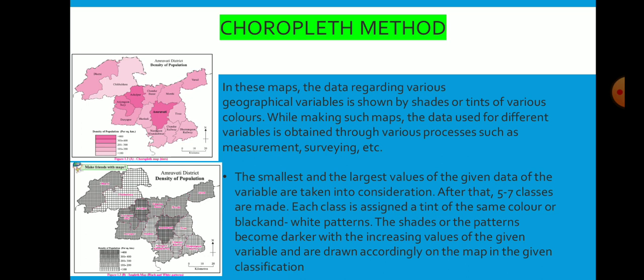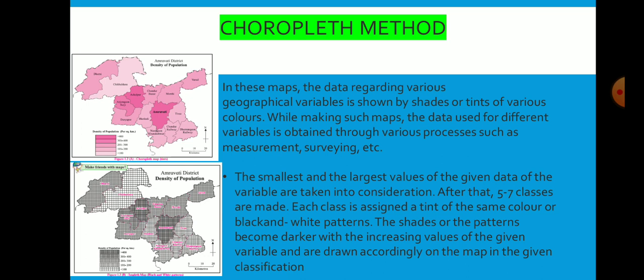In this method, the smallest and the largest values of the given data of the variable in a region are taken into consideration. After that, 5 to 7 classes are made. Each class is assigned a tint of the same color or a black and white pattern.